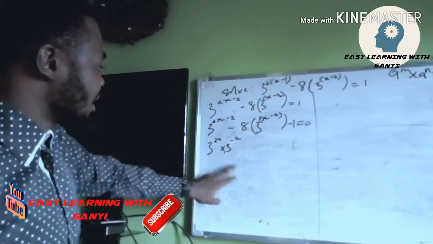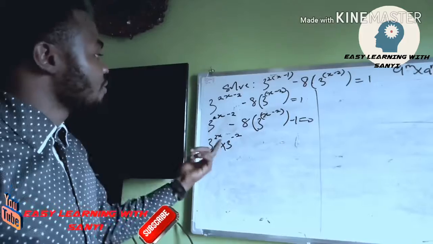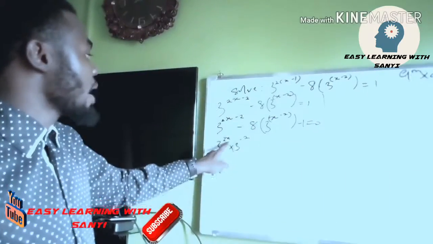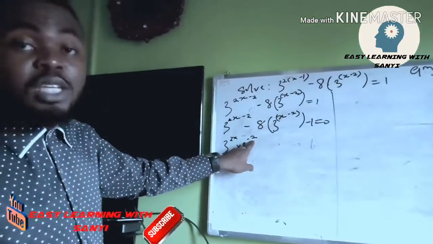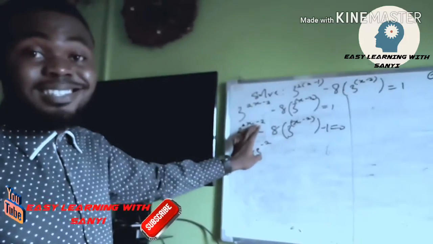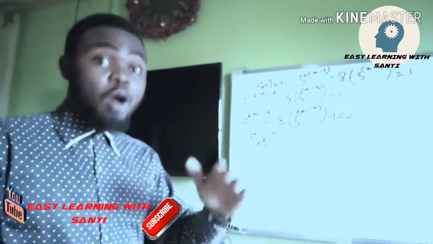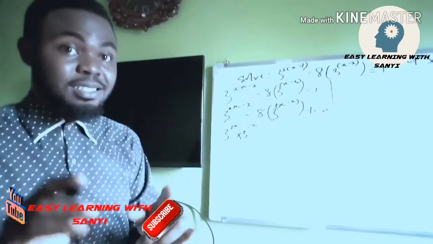Why? Because they have the same base. If I take it back to this form, the bases are the same, so I take one base, and 2x plus minus 2 is 2x minus 2, which is still this. Go to my first tutorial; all these things are there, how to manipulate signs.